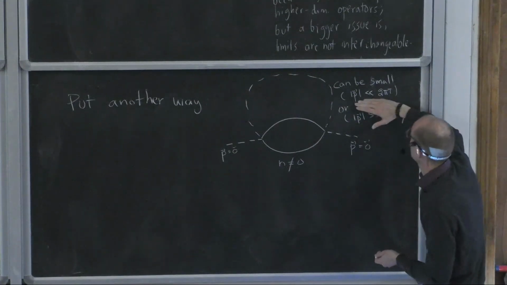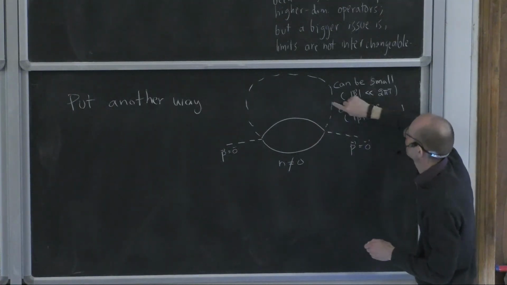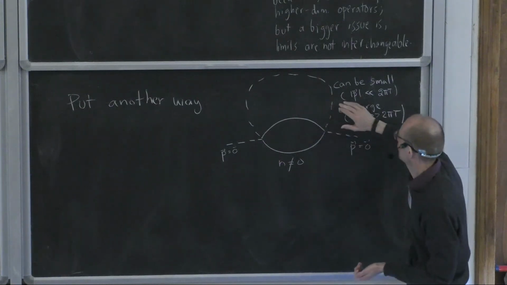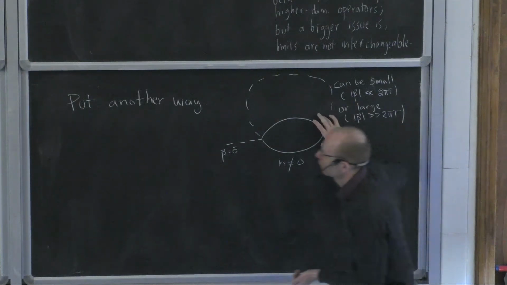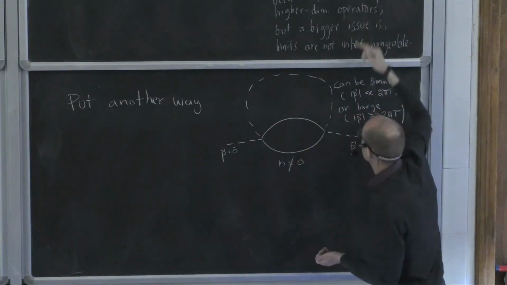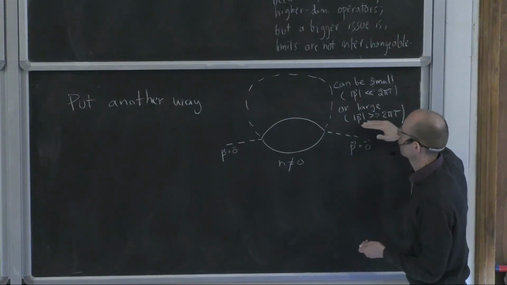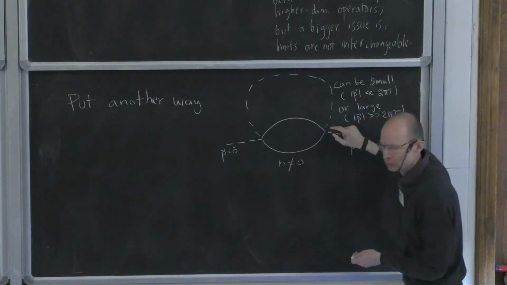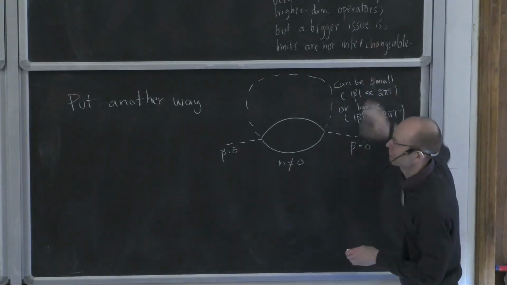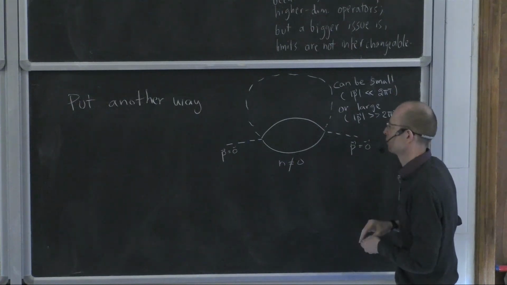If it happens to be small, that's where everything is fine, because then it corresponds to a Taylor expansion. That part of the integral is accounted for by lambda 3 and by these higher dimensional operators. But there is also a part of the phase space where it's large, and this we cannot forget about. And this we cannot reconstruct even if we consider all higher dimensional operators. It has to be separately accounted for.